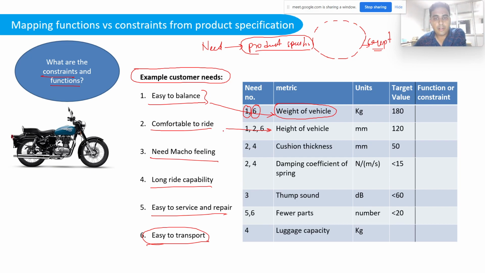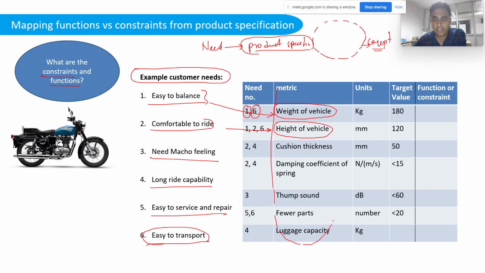Similarly, height of a vehicle, this particular metric can solve the user requirements of easy to balance, comfortable to ride, then easy to transport. So likewise we arrive at a particular set of metrics.